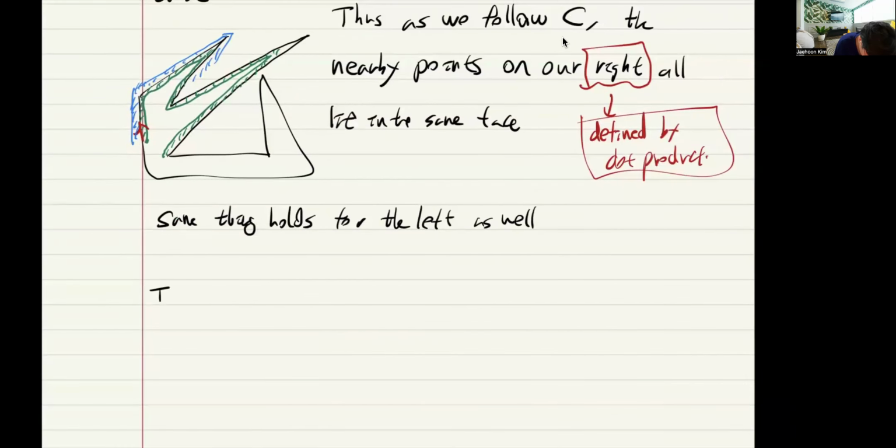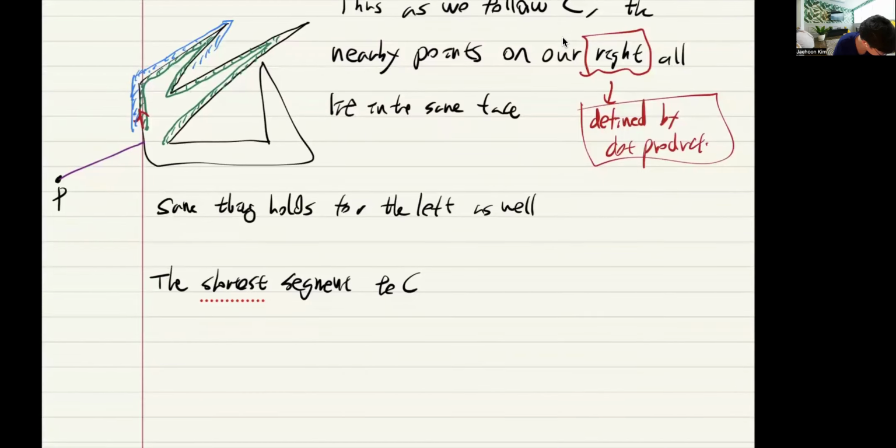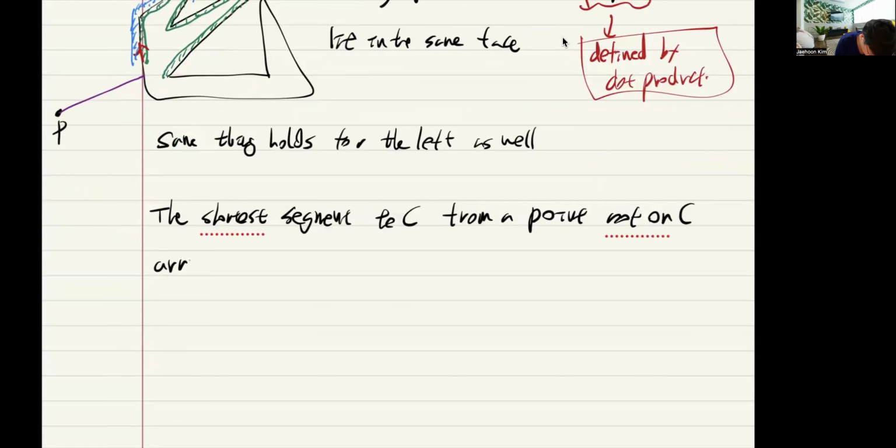And what do you know? Whatever point you take outside here, you take the shortest segment to C. Maybe let me use a different color. The shortest segment to C from a point not on C arrives through one of these steps.